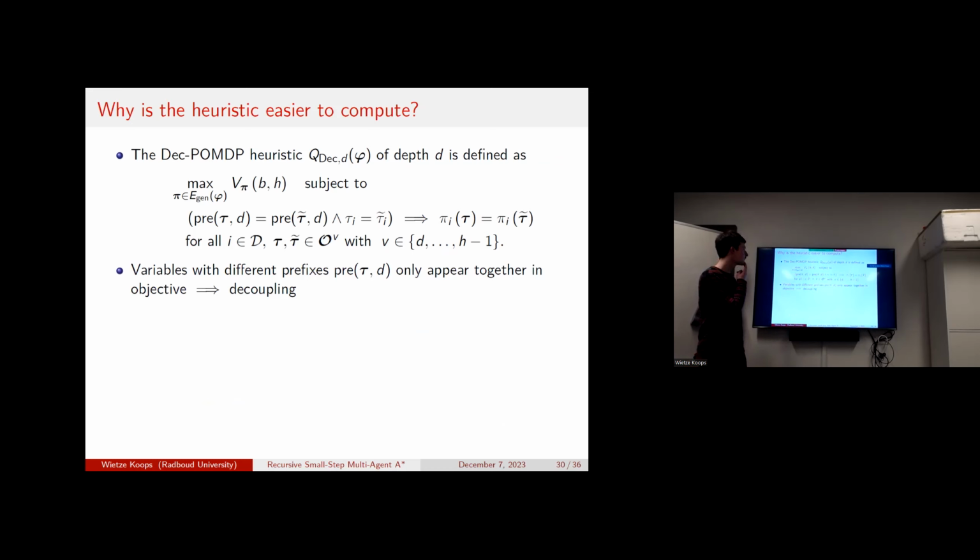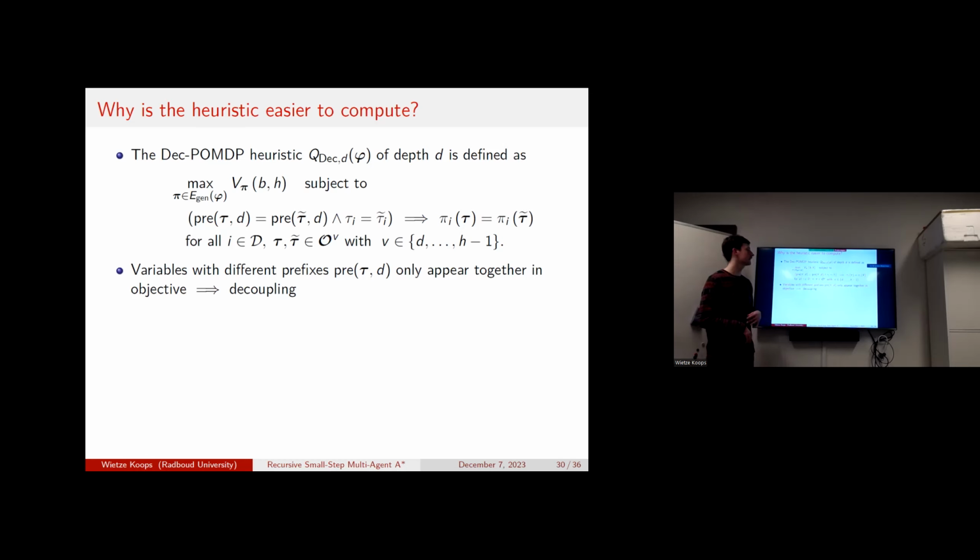Then of course, the question is, it's nice to relax some constraints and say, okay, we have an upper bound. Why is this easier to compute? If I just relax some arbitrary constraints in here, it will generally probably get harder to compute. But by relaxing these constraints, it becomes easier to compute.